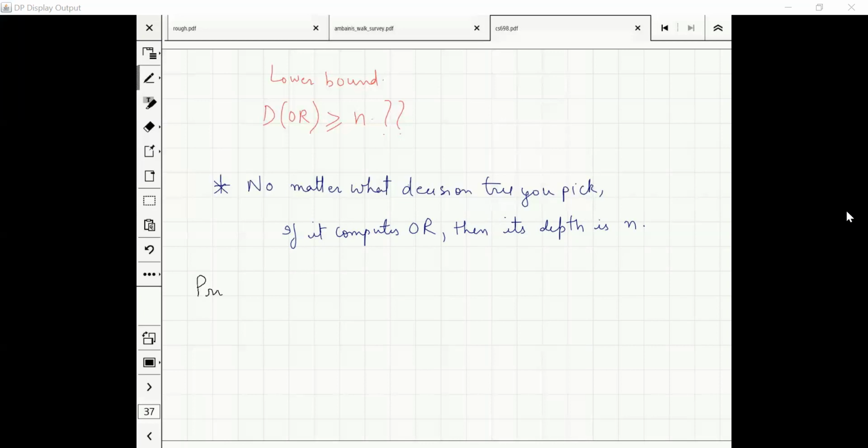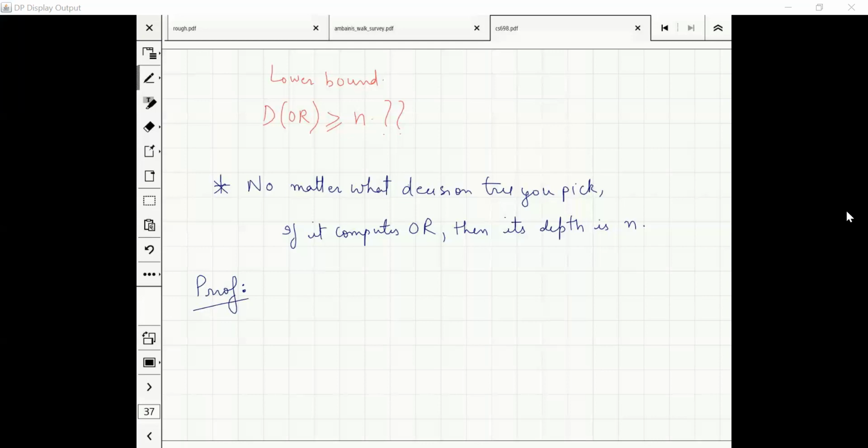I mean, basically, OR can become one if even one of the inputs is one. Correct. So the worst case will be when you go into a path of 0, 0, 0. Very good. This is the central idea, and I think most of us are convinced. But how will you formally show it?